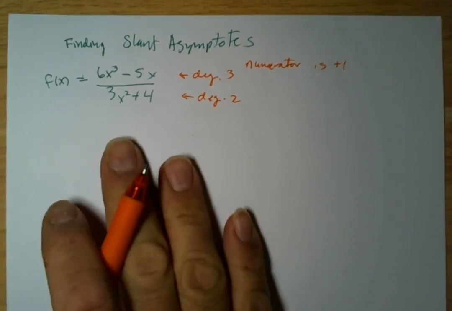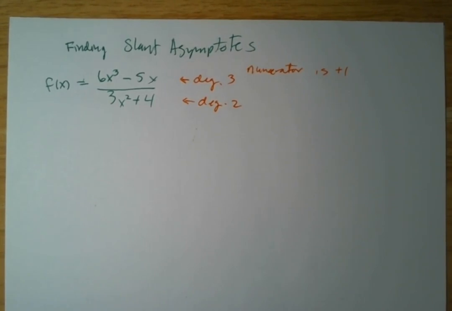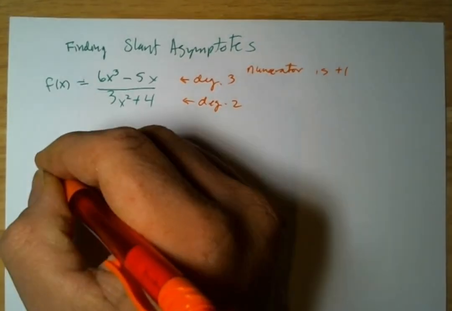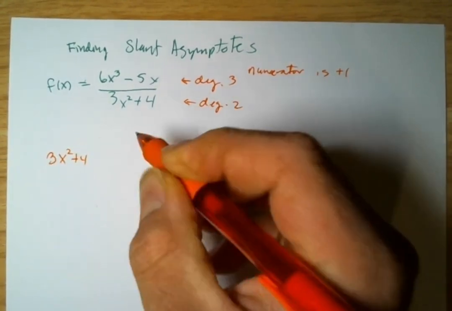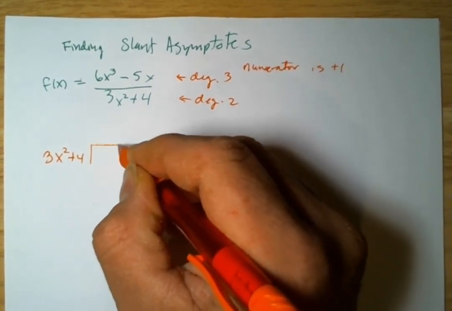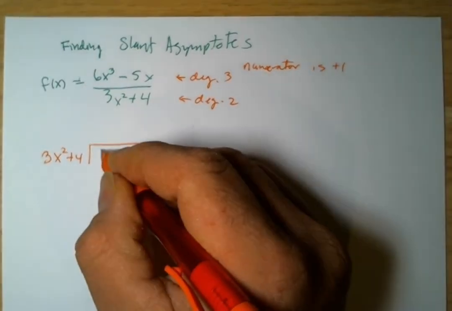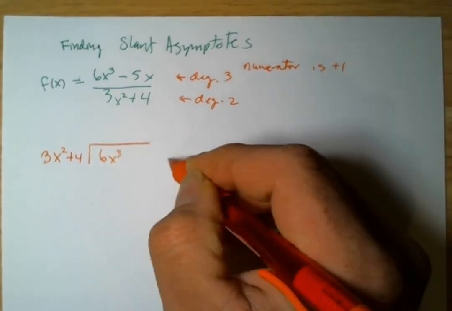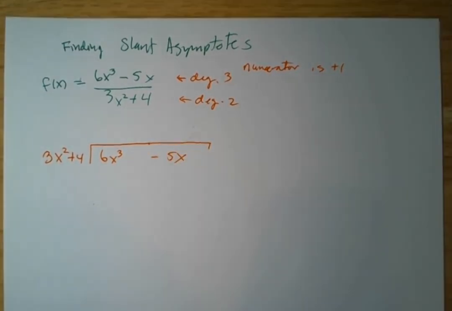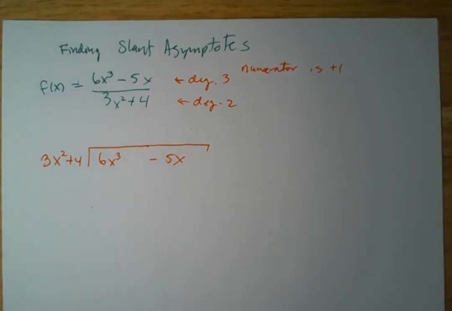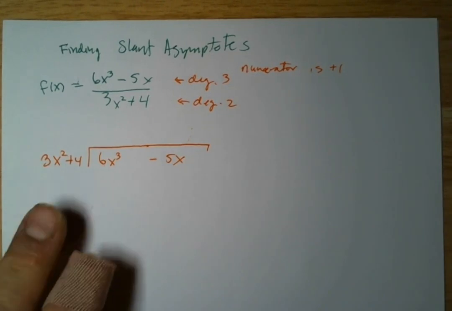Okay, so luckily it's something that we've done in a previous section by doing some long division. So here I'm going to do 3x plus 4, and here we have 6x cubed minus 5x. Okay, and again, as a reminder, the way we do that is we just look at the leading term here, right?